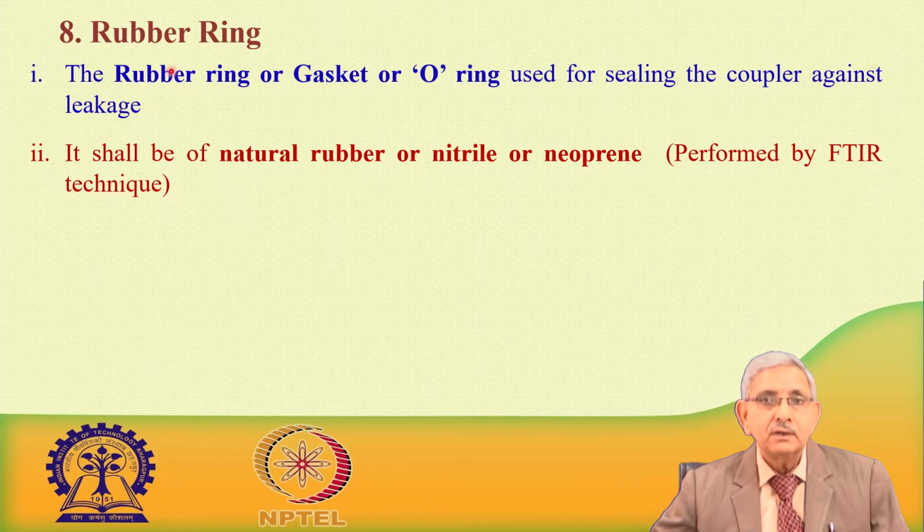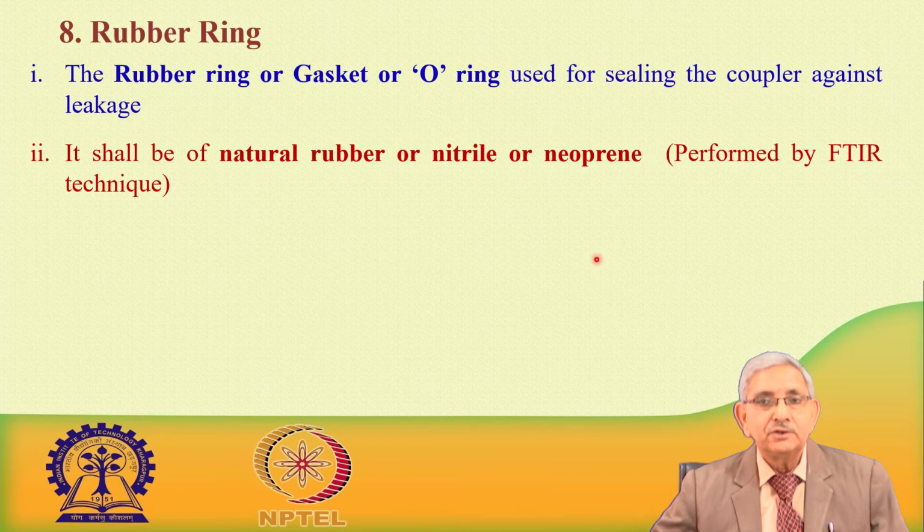The rubber ring is the ring which is provided to prevent leakage from the pipeline wherever we are joining the quick coupling devices, with the male and female ends of the 2 pipelines. There is an O-ring, and this O-ring is made of high quality rubber material, such as nitrile or neoprene.